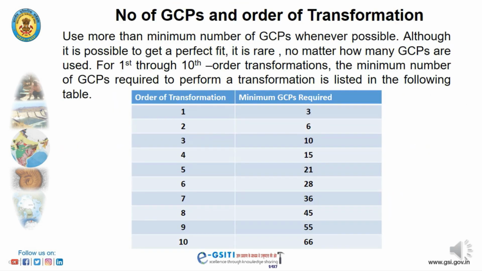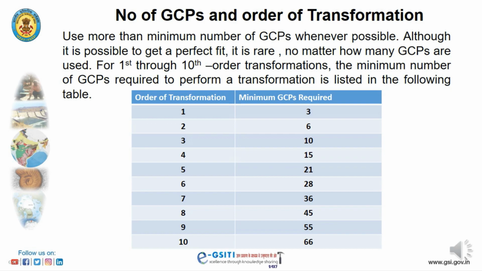What is the relation of GCPs and order of transformation? It is always advised to use more than the minimum number of GCPs, or ground control points, whenever possible. Although it is possible to get a perfect fit, it is rare.